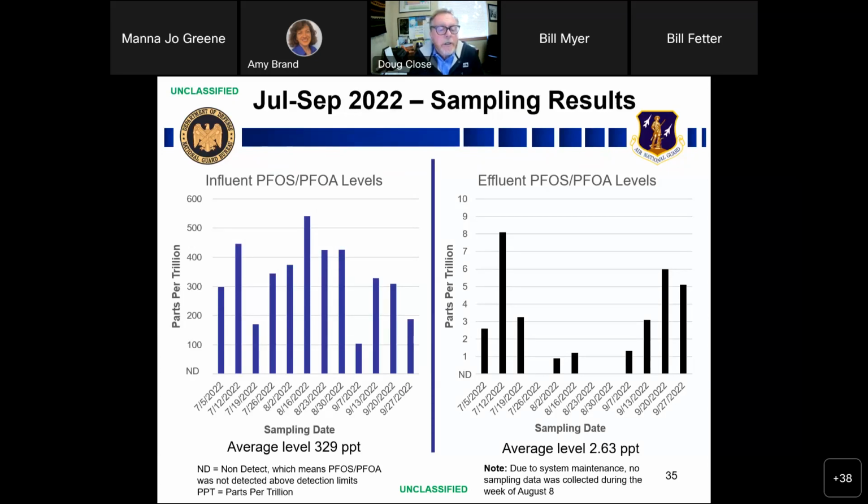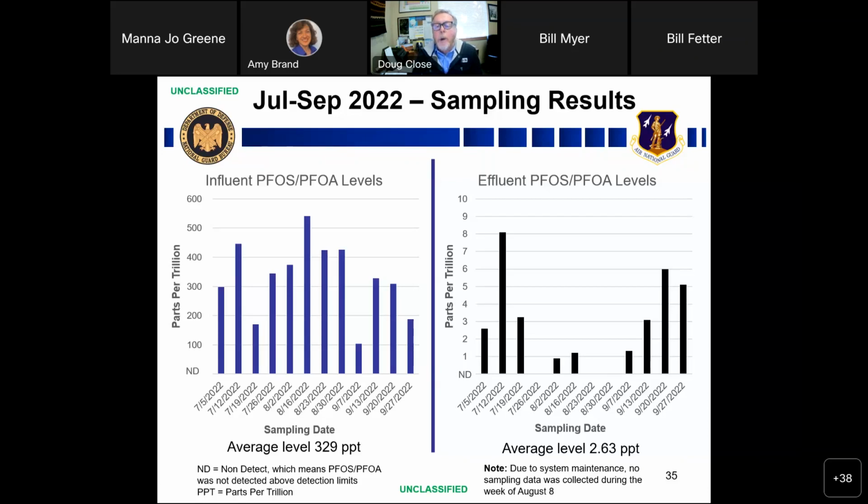Our average level of influent PFOS and PFOA is 329 for this quarter, and that's a pretty typical number year round. We've been in that target range for the last couple of years. We did see a mid-August high of 500-plus parts per trillion, and we saw some lower ones, so the average remains right in those low 300 parts per trillion.